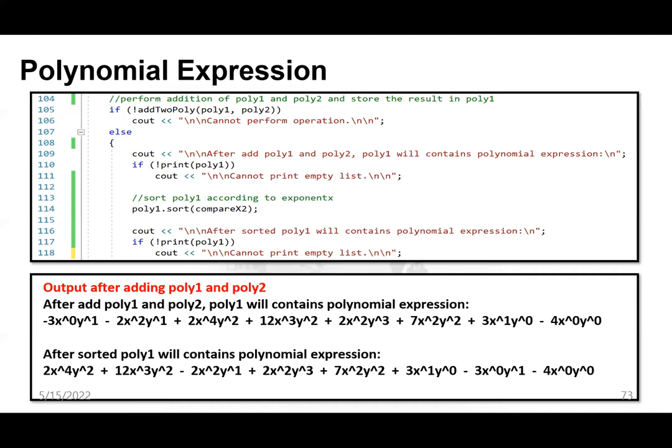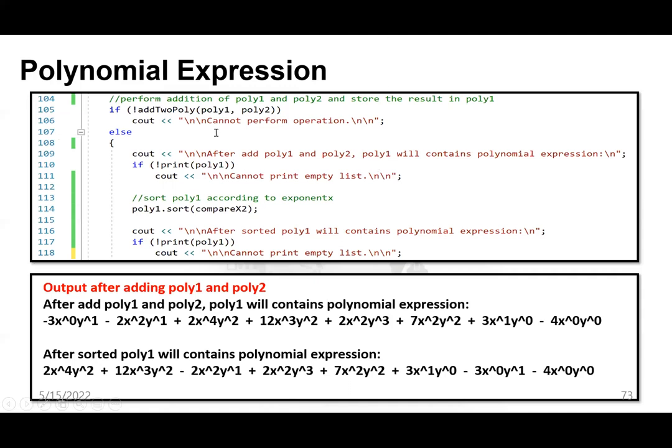Okay, then we print poly 1 again. So after the sort, when you print poly 1 again, at the bottom here you can see that the x is sorted. I mean the expressions are arranged for x power 3 and 0. Okay, so this is this part.